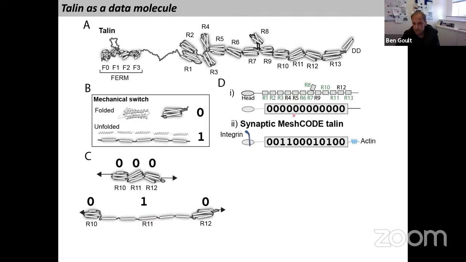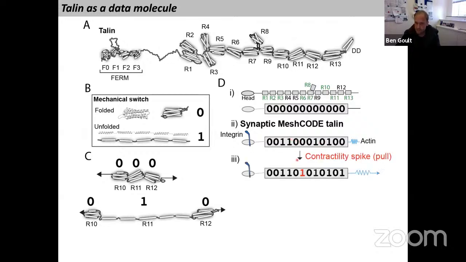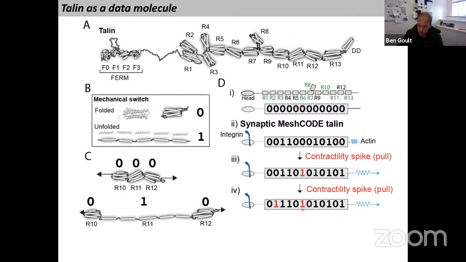Then you start to imagine a scenario where each of these molecules in the scaffolding can adopt different signaling complexes. And then as you generate contractility, as you stimulate a synapse, say, and you generate the switch on the motors, contractility gets switched on, that's well established, then that pulls on these scaffolds, changing the pattern and changing the signaling output as a function of the signals it's received and as a function of the shape of the molecule prior to that signal.